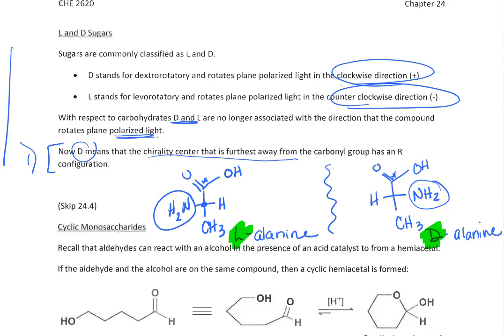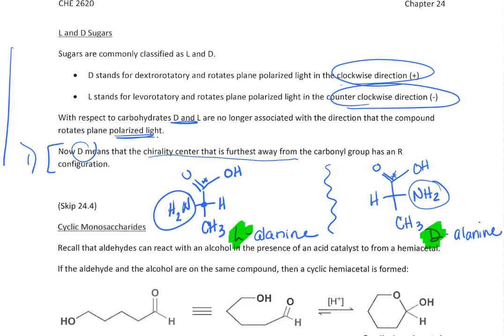And you might think, well, why in the world are we using this very old system? Why is it that we just don't update to R and S? Well, that's a really great question. So if we look at something like D-glucose, and remember glucose had 6 carbons in it, I looked up its name if we used R and S, and I'm going to read it to you. Are you ready?